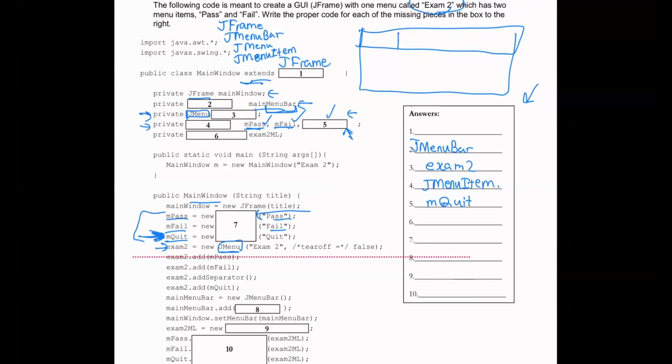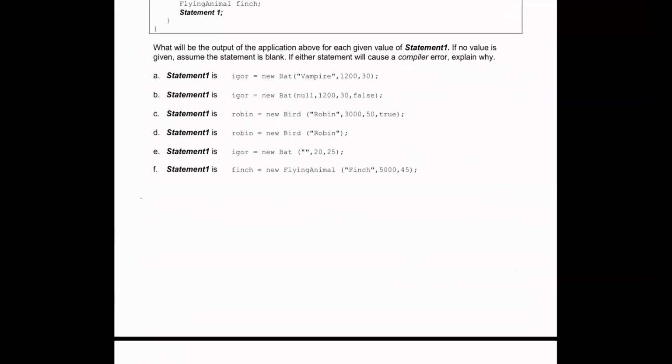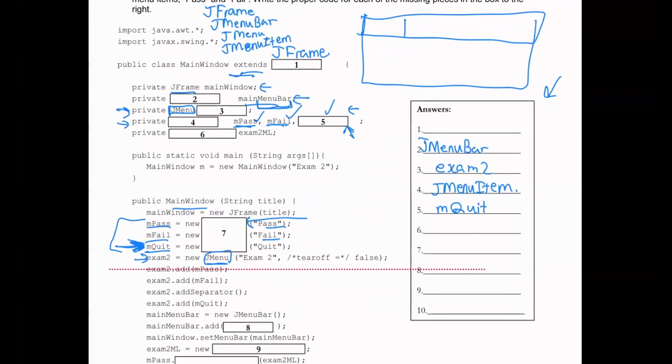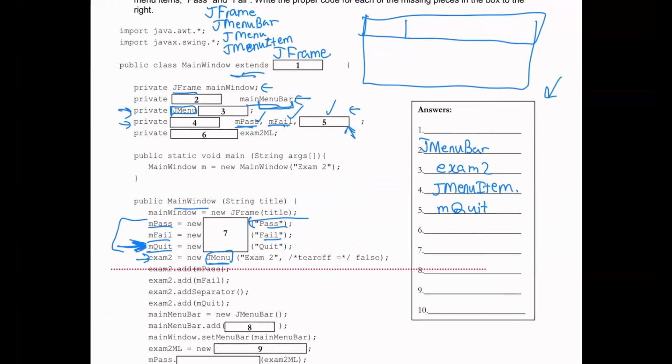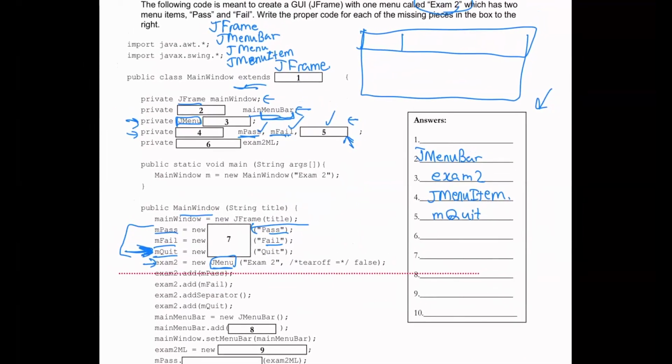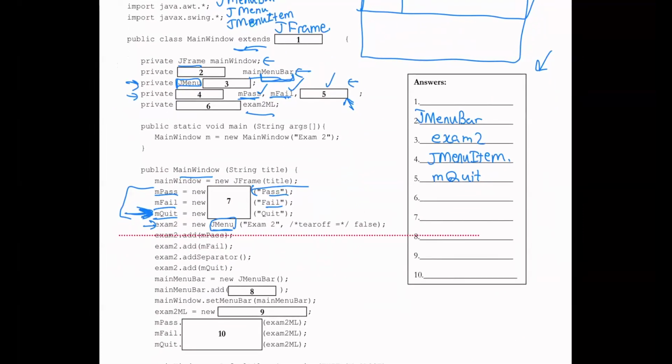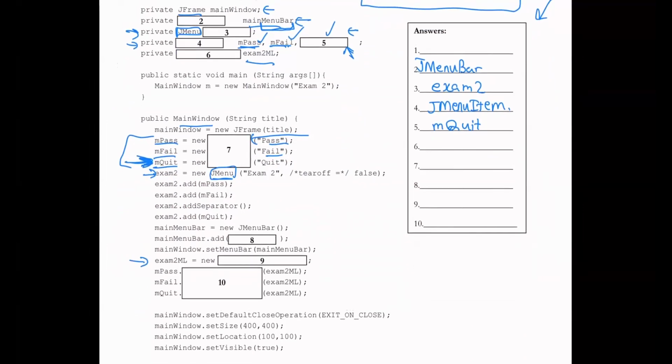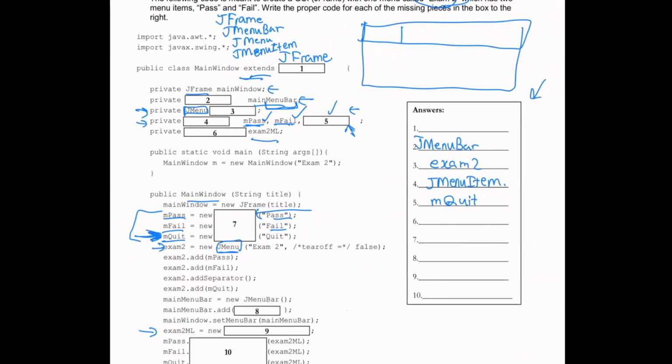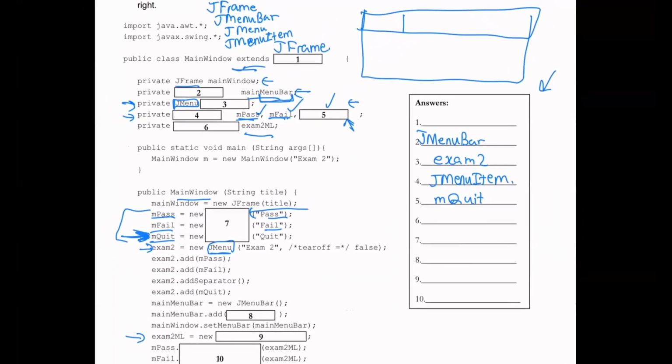All right. Okay. What about number 6? It is exam 2 ML. So let's find exam 2 ML here. We found it here. Okay, so would that be your listener? Yep, it will be my listener.